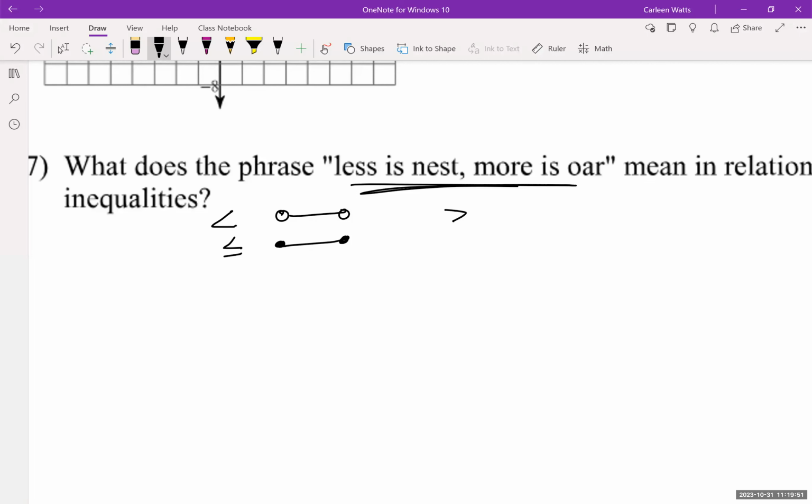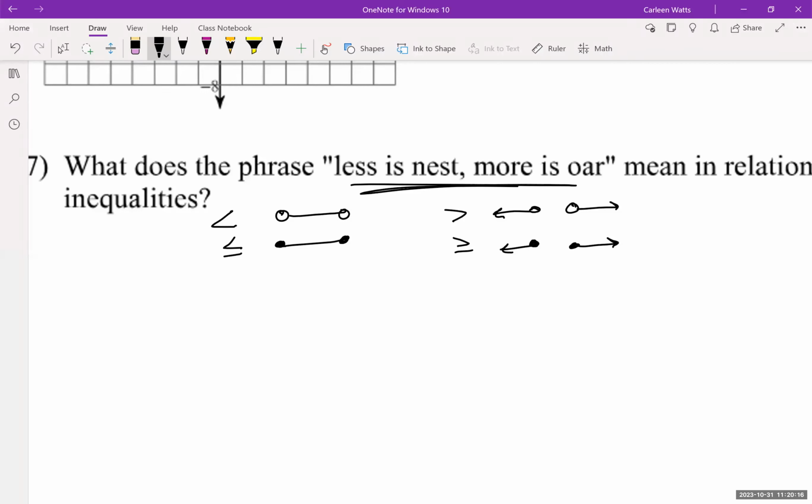Greater than, more is ors, and my thumbs look like I'm rowing a boat. So more looks like ors. Greater than or equal to includes the endpoints.